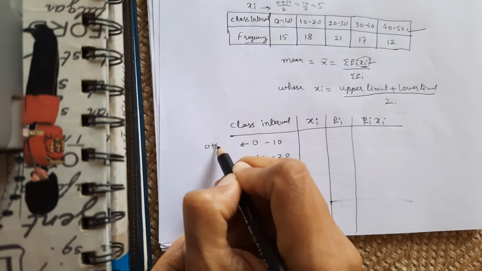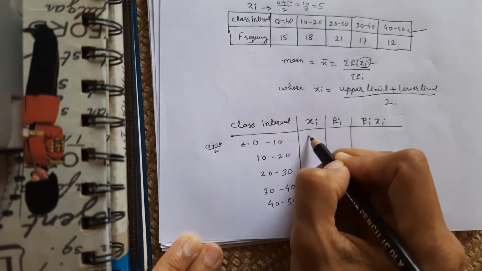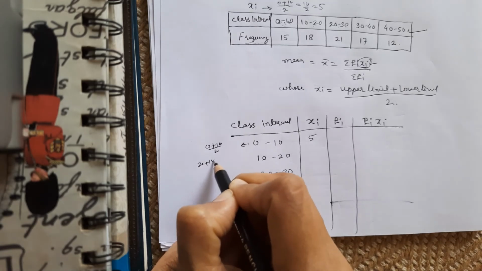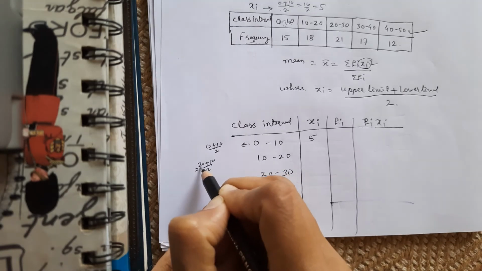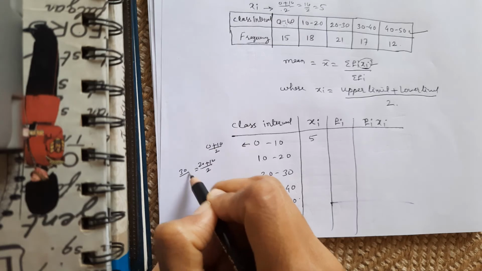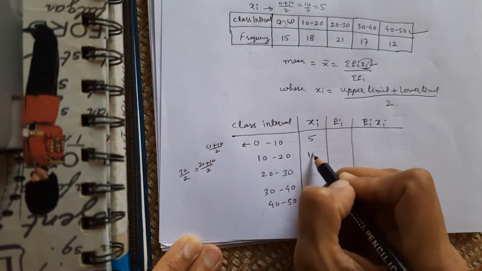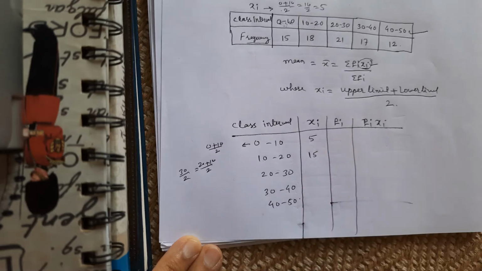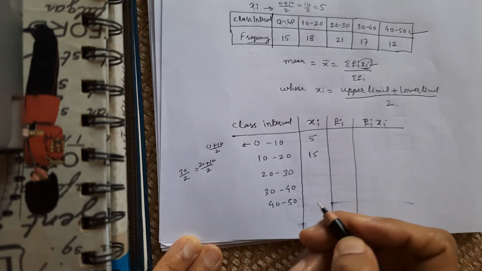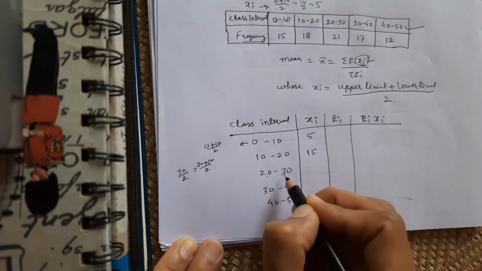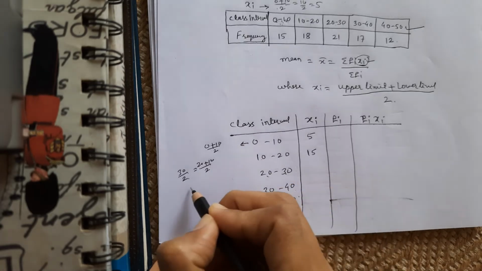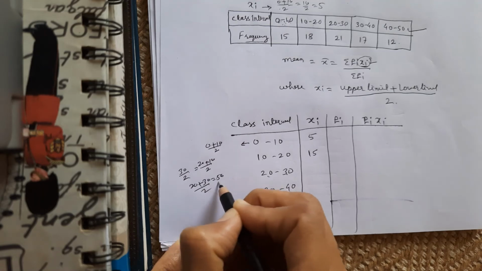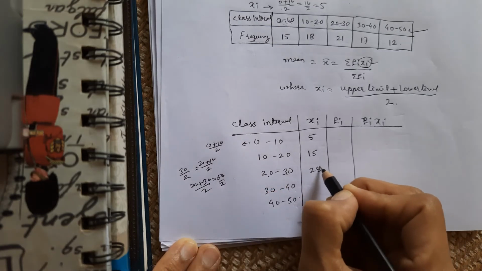What will I get? 0 plus 10 divided by 2, which is 5. 10 plus 20 divided by 2, which is 30 divided by 2, that is 15. Next 20 plus 30, this 50 divided by 2, which is 25.